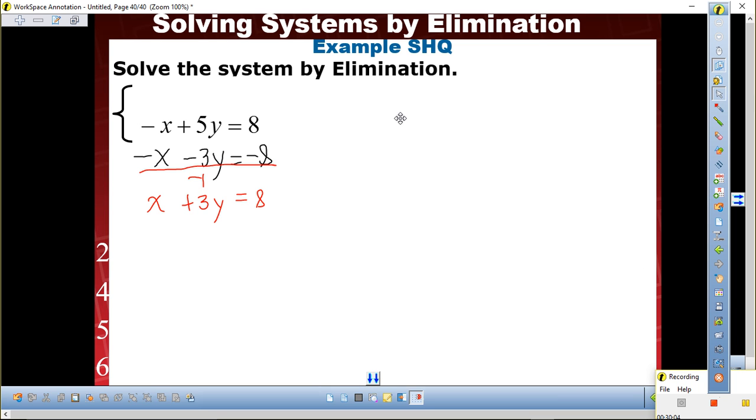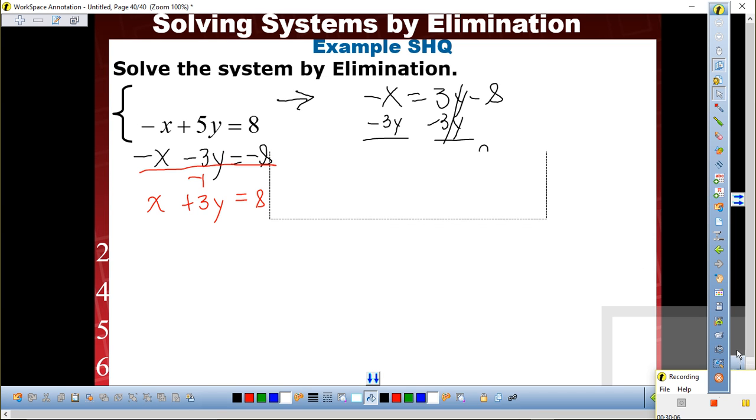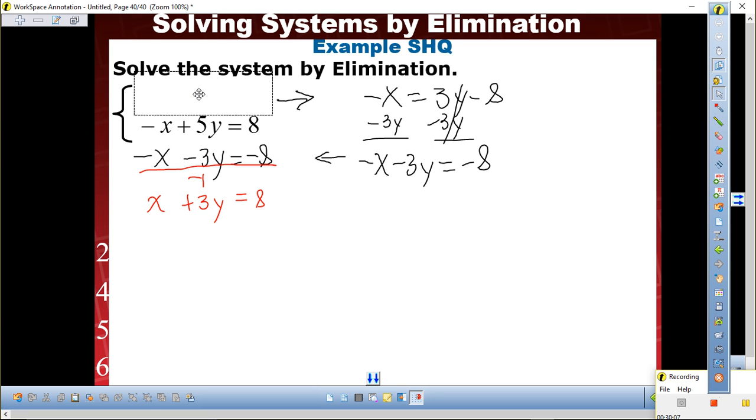All right, let me just close this. And once again, this top one we don't use because we already transformed this to this one, yes?